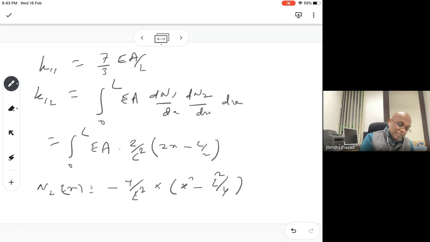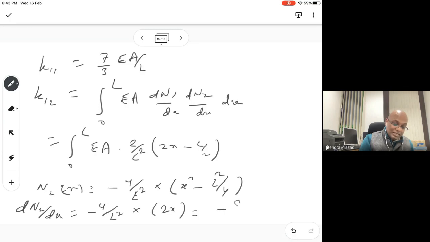So dN2 over dx is minus 4 over L square multiplied by 2x, which equals minus 8x over L square.